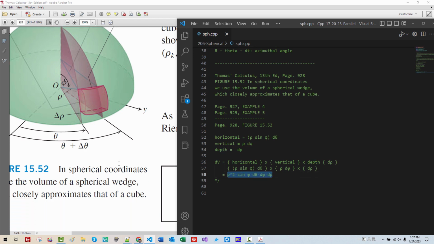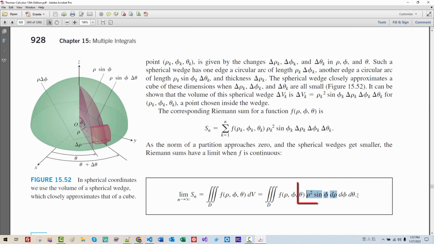This volume is this. Once again, this side is horizontal, this side is vertical, this side is depth. If you multiply them all, you will have this volume.